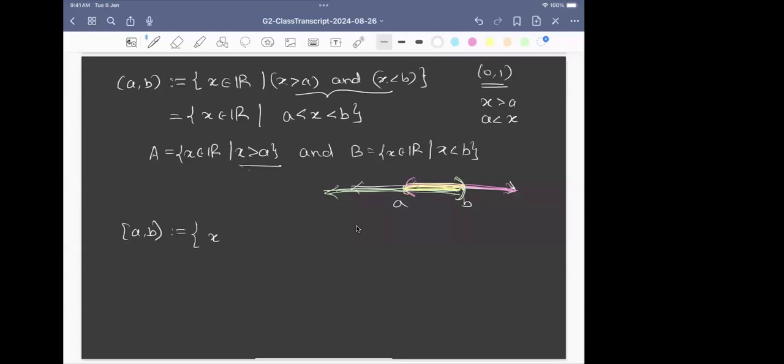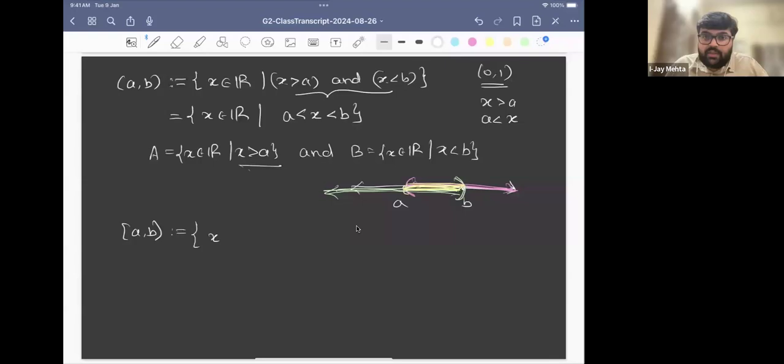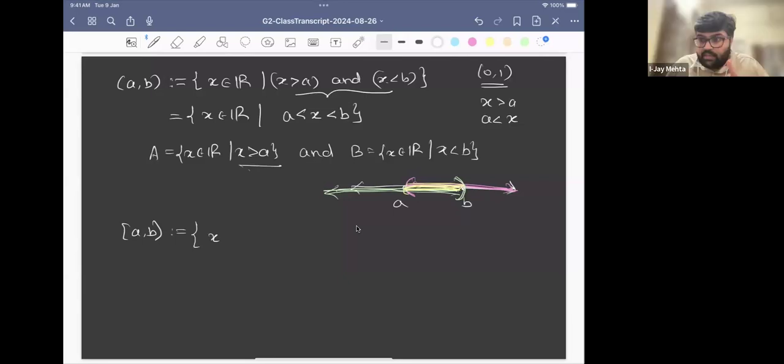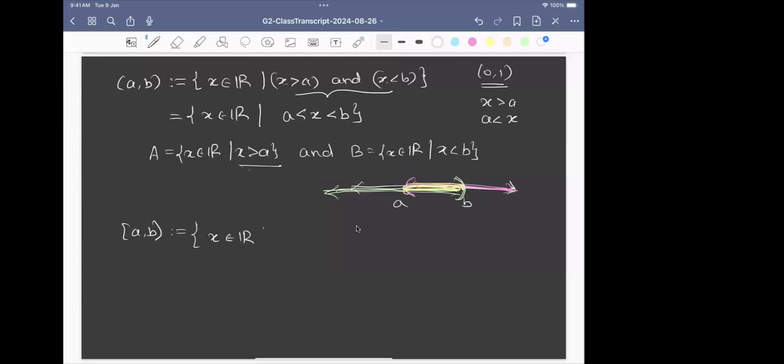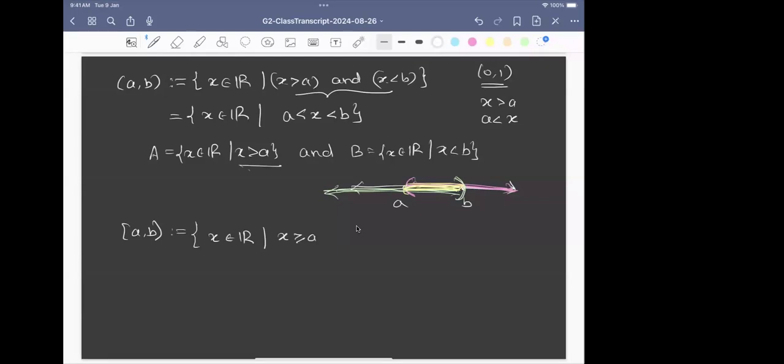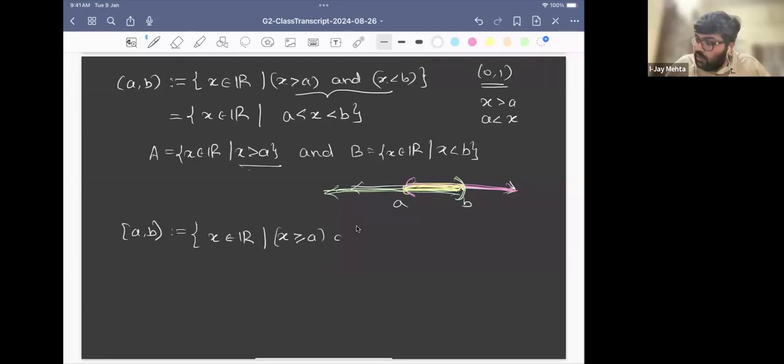X belongs to R such that X is greater than or equal to A and X is less than B. It has to be a real number first. Yes, X is greater than or equal to A, and X is less than B.